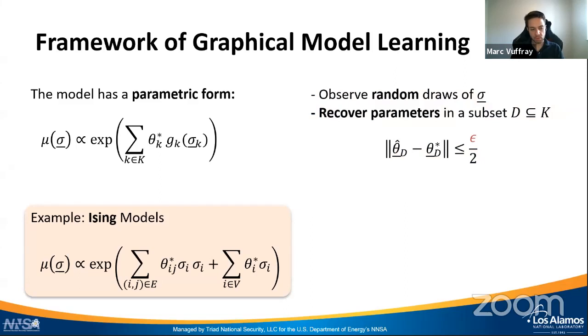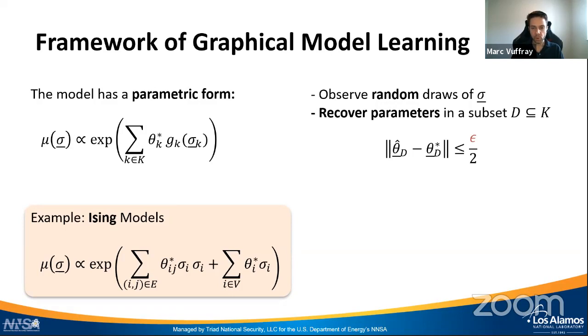So the example of the Ising model is just a model with pairwise interaction where you have binary spins. So the basis functions are just products of these variables, or single variables, the bias or the field.